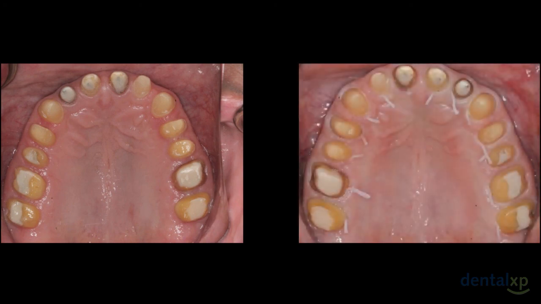The photograph on the right is a day of impressions. In a way, it almost mimics the picture on the left, except further healing has occurred. Once again, we are using number 7 Siltrex cords, only placed to allow for the lab technician to be able to trim the die without touching the margins.